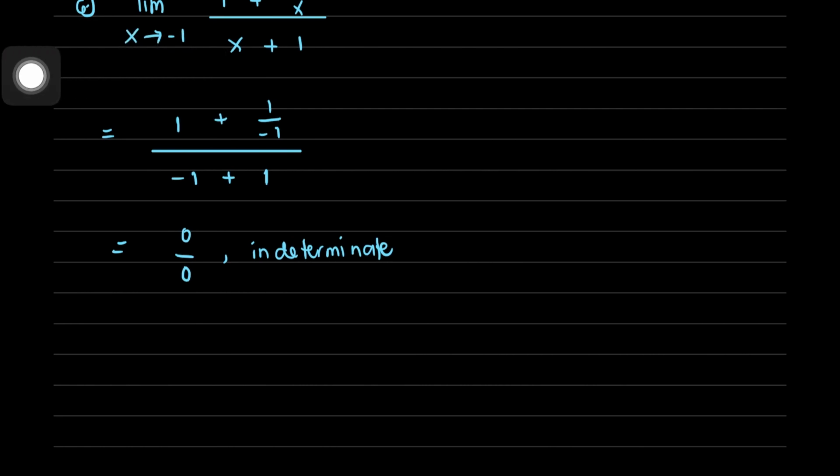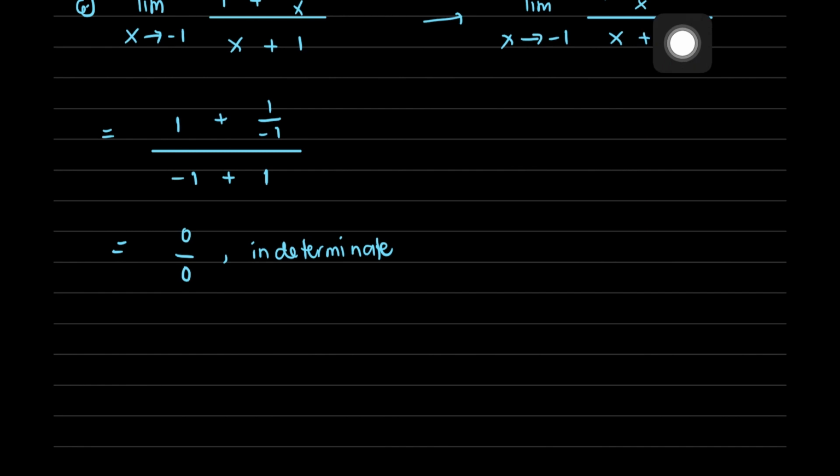So this is now equal to the limit of, if we're going to make this a simple fraction, the LCD would be x. And the numerator would now be equal to x plus 1, all over x plus 1 as x approaches negative 1. Now, the numerator x plus 1 will cancel out with the denominator x plus 1 because they are common factors.